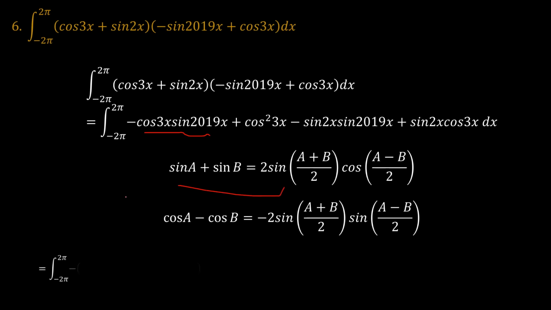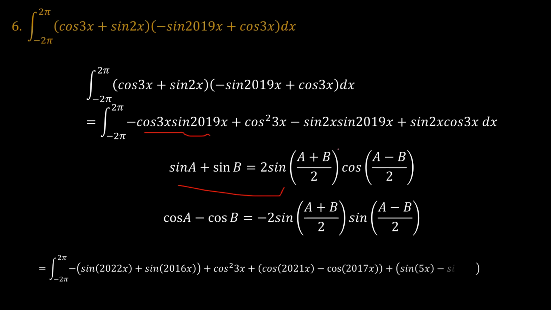So we get negative sine 2022x plus sine 2016x, and we'll leave cosine squared 3x as it is. And then here, in place of negative sine 2x sine 2019x, we have cosine 2021x minus cosine 2017x.